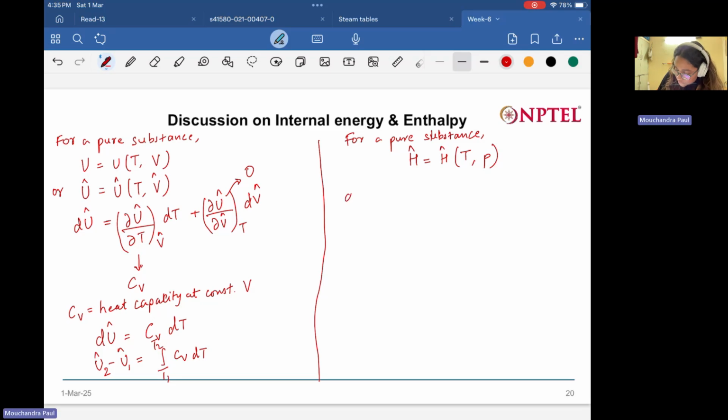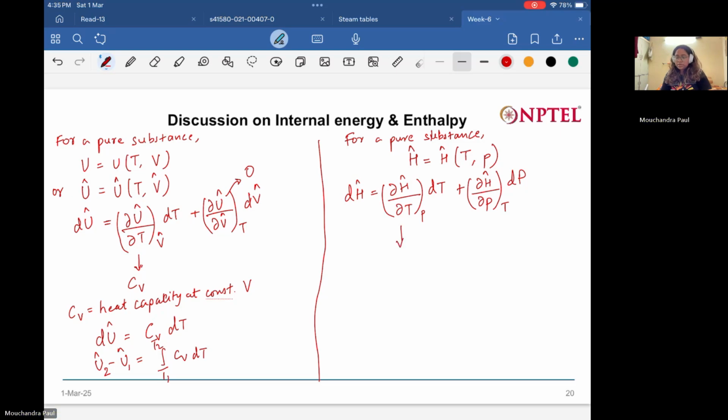If you similarly write a total derivative for this function, you get ∂H/∂T at constant P dT plus ∂H/∂P at constant T dP. The partial derivative of enthalpy with respect to T at constant pressure is called Cp, or specific heat or heat capacity at constant pressure.